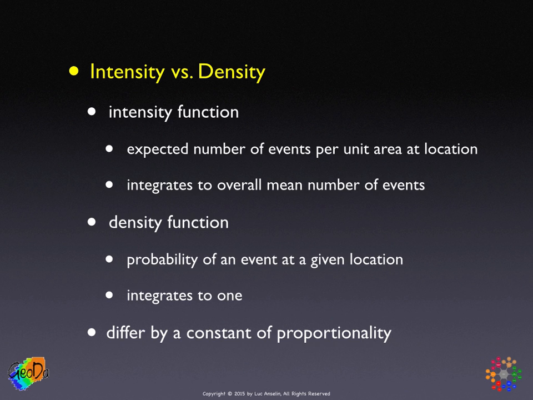A density function is a probability of an event, and so that integrates to 1. So the difference between the two is that they basically give a different magnitude, but they will have the same overall shape. So intensity function has to do with the expected number of events. A density function has to do with the probability of an event. So basically they are rescaled versions of one another.